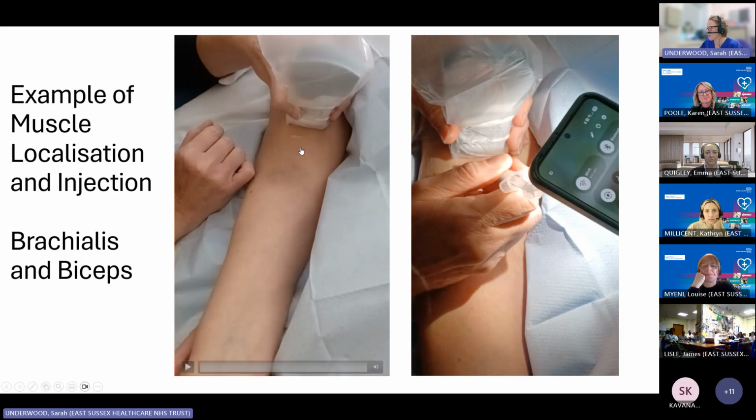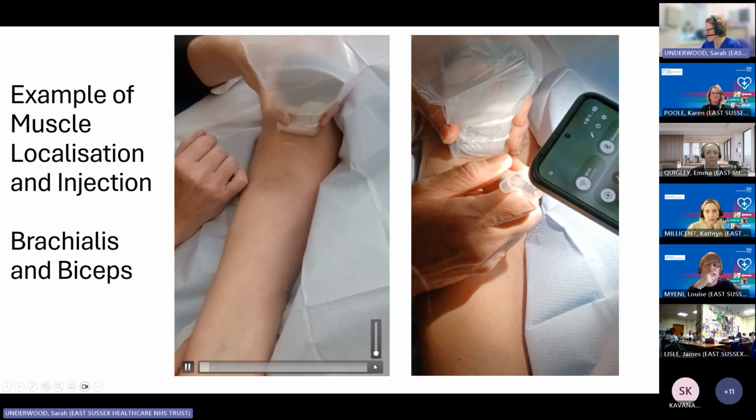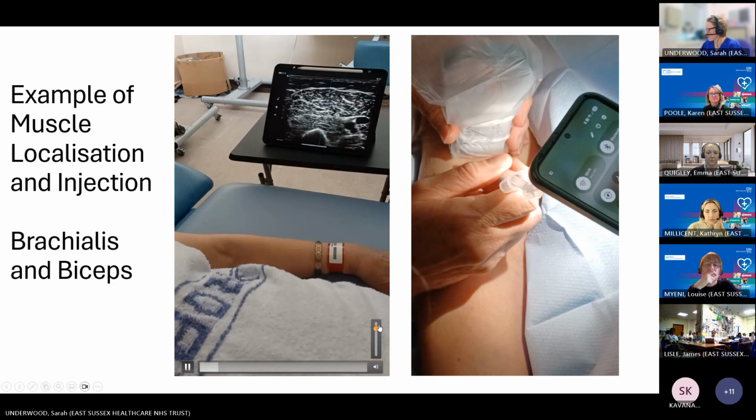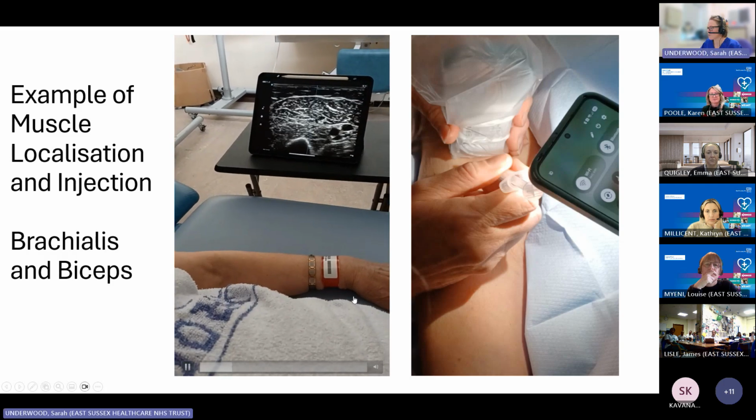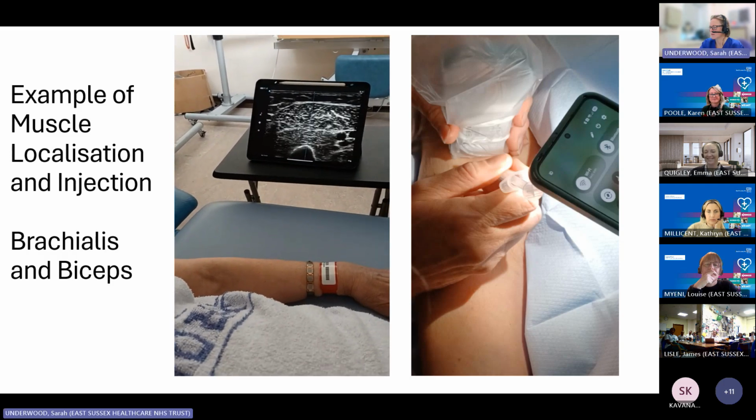The first one is looking at the biceps and brachialis in the upper arm, the lower third of the arm, anterior aspect, and this is the right arm. All our patients have kindly given permission for these videos to be used in training. I'm just going to play this one to start off with. You've got Emma doing a little voiceover in a second.